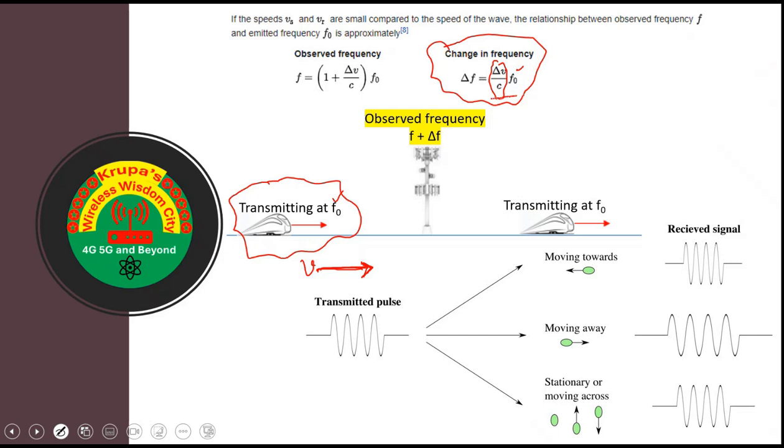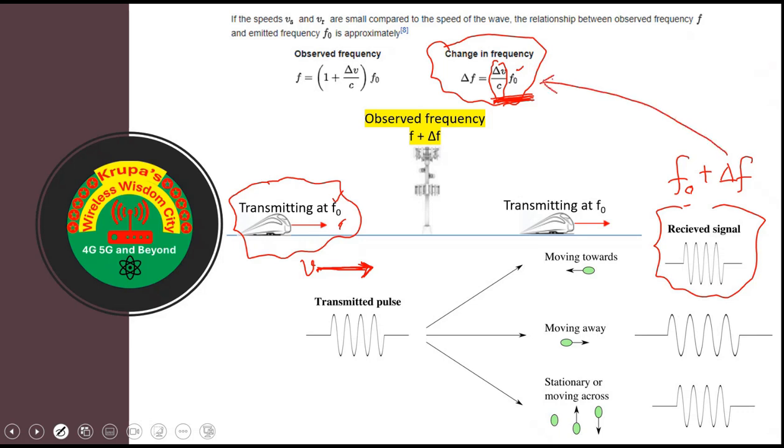This is the delta Doppler shift that you would experience. In other words, if you transmitted f0, you would experience f0 plus this extra delta f. When you are moving towards the base station, there is an increase in frequency. In simple words, f0 plus delta f, with delta f given by the equation we saw here.